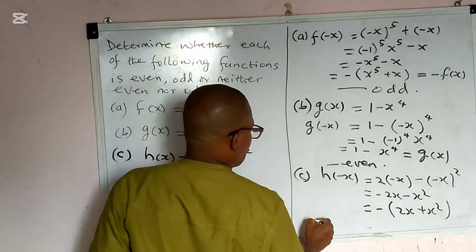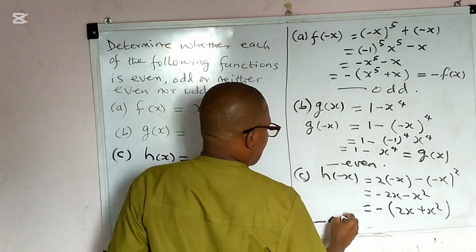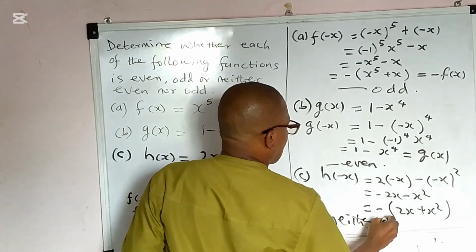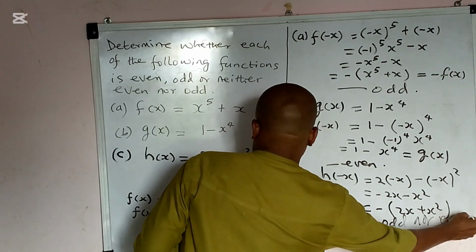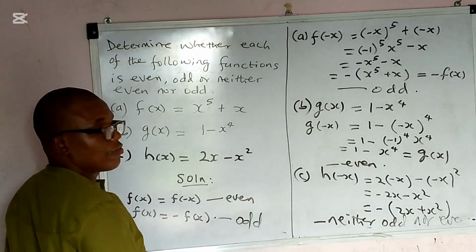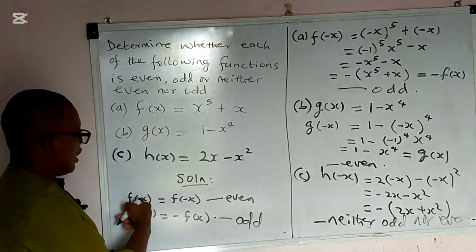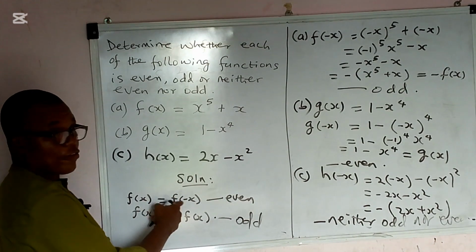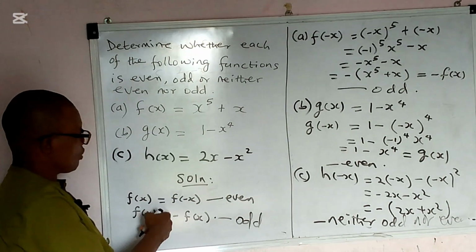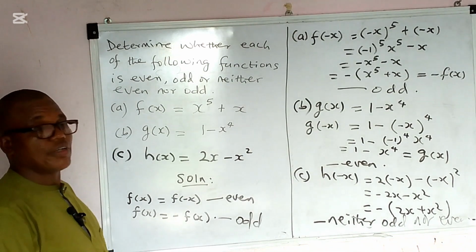So this function is neither odd nor even, because neither of these conditions is satisfied: f of x equal to f of minus x, or f of x equal to minus f of x.